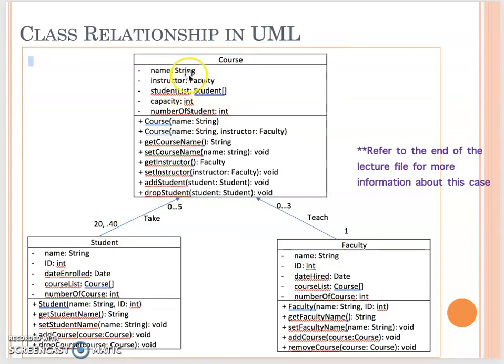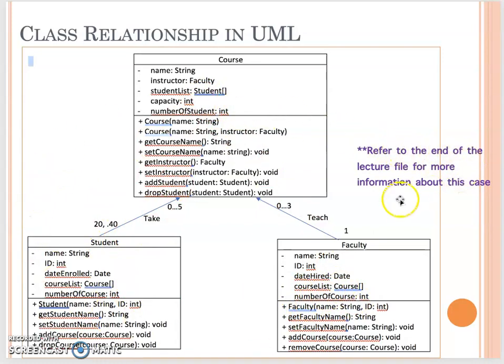Here I have more detail on how to implement these three classes. This just demonstrates the more official UML diagram we can write, which includes the data attributes and the methods.